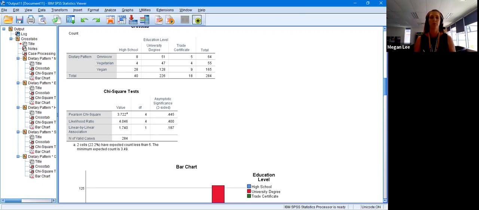So our model would look like depression as the outcome, dietary pattern as the factor group or the grouping variable, and then our significant values, which was the plant-based index, which is our independent variable, BMI, age.